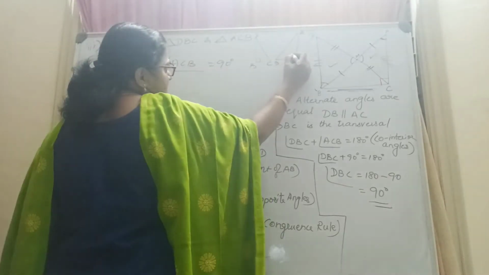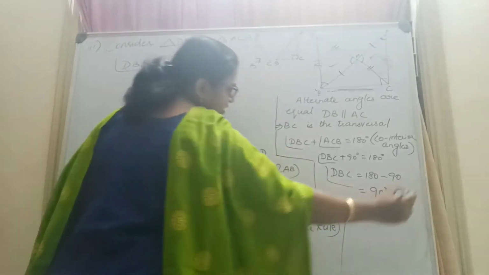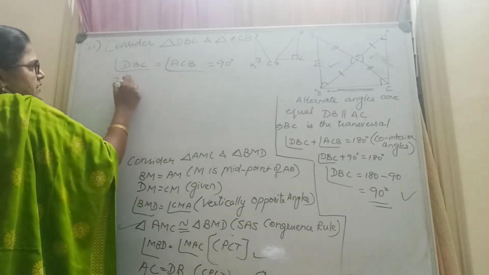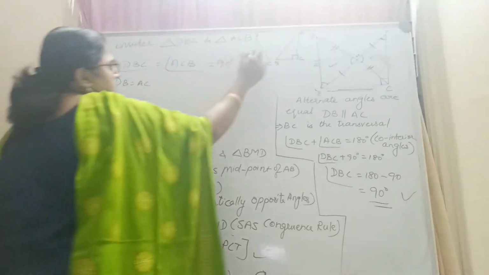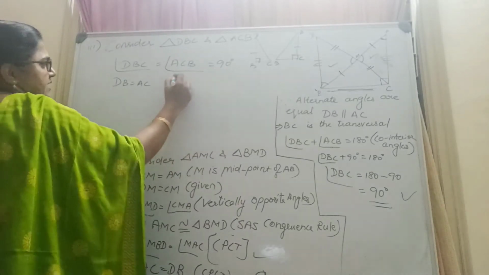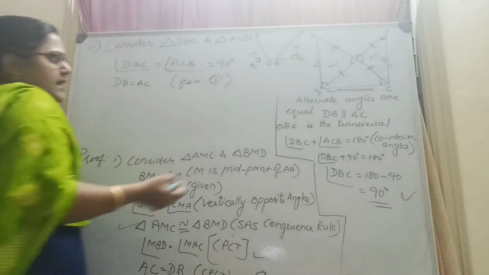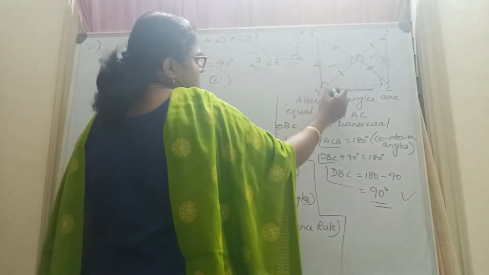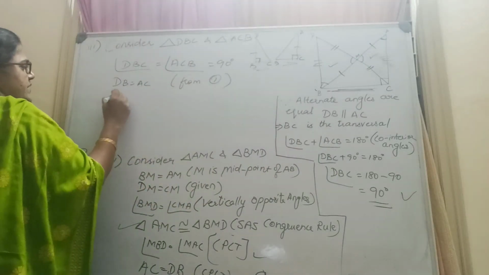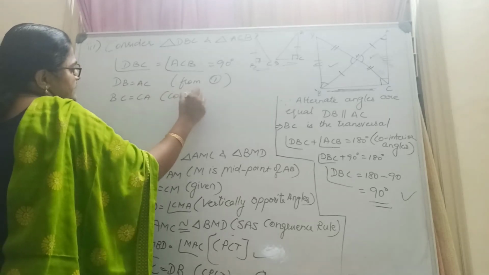Angle ACB is 90, it is given, and angle DBC is 90, that we have proved here. Then DB is equal to AC, that we have proved in the first part. So I can write here from 1. And if you see, BC is common for both the triangles. This line is common for both the triangles. So BC is equal to CA, that is common.